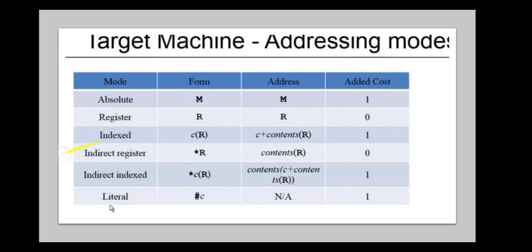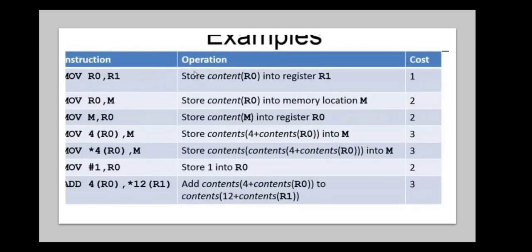And then we are going to see some instructions. First, move R0, R1, which means the value will be stored in R1. Why is the cost 1?